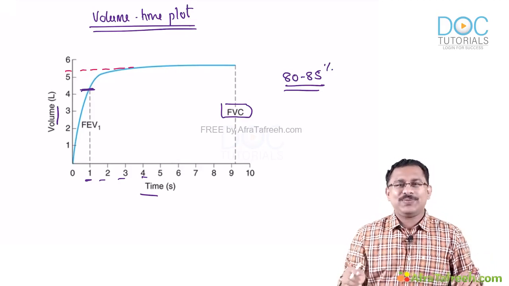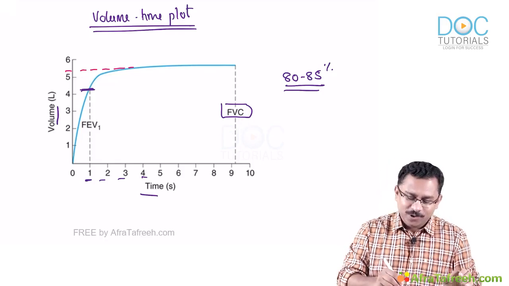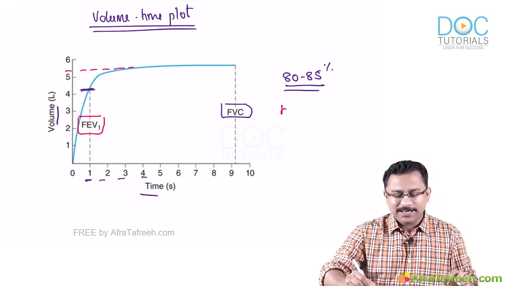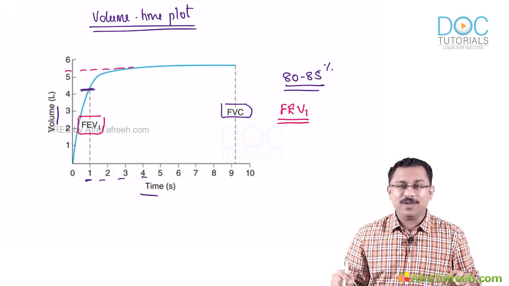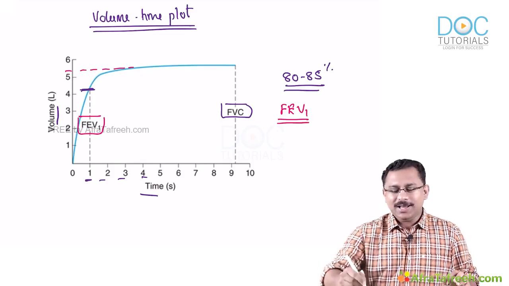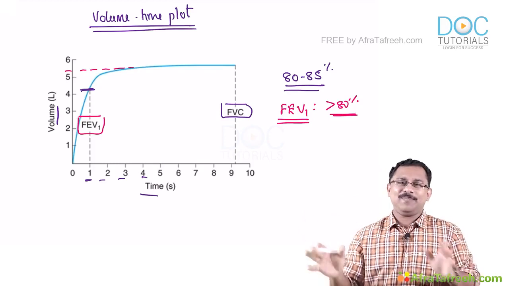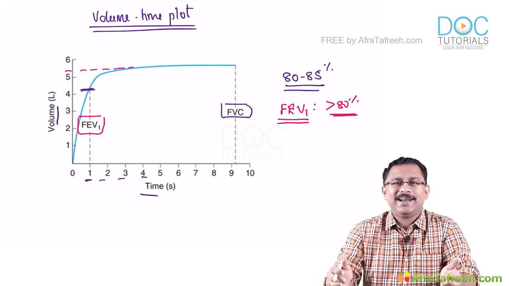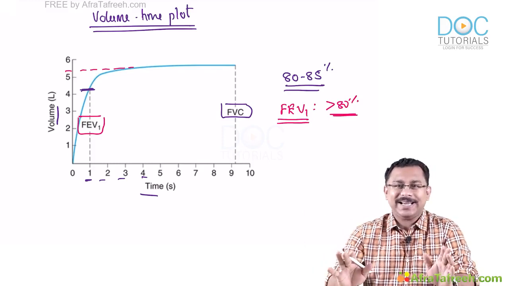That value that you forcefully expire in the first second is what you call FEV1. So 85 percent is expired in the first second, and you call it FEV1, which is always more than 80 percent of the vital capacity. So more than 80 percent of the vital capacity is expired in the first second. Clear? So this is the normal volume time plot.